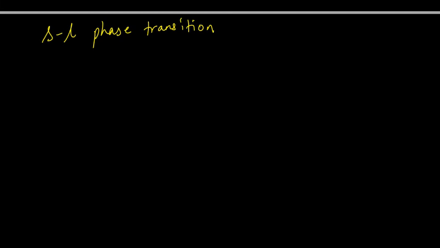Now I already have dP by dT is equal to delta H by T delta V transition. So I could change this transition to fusion.